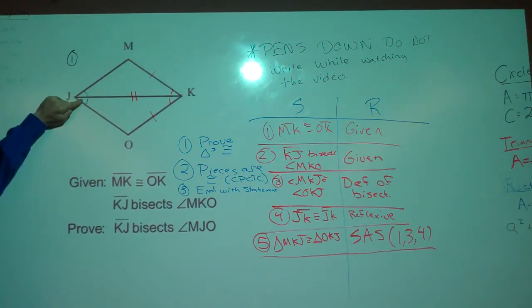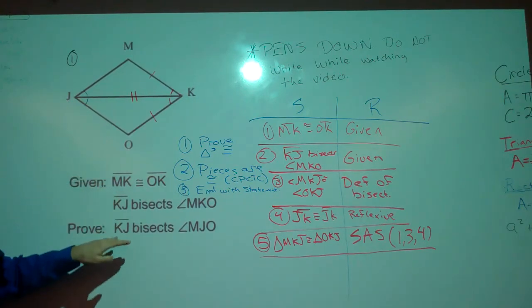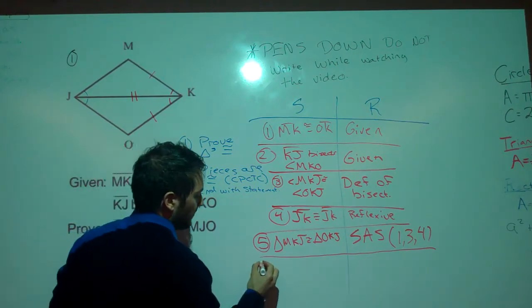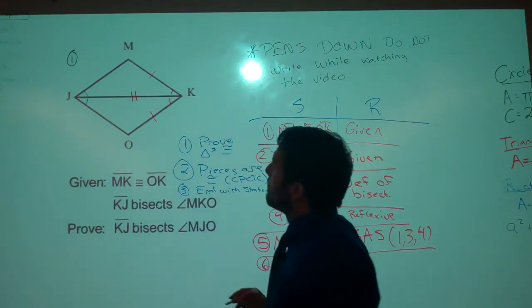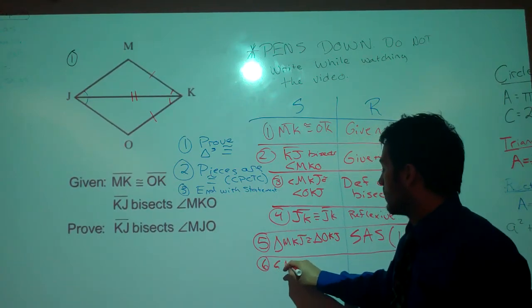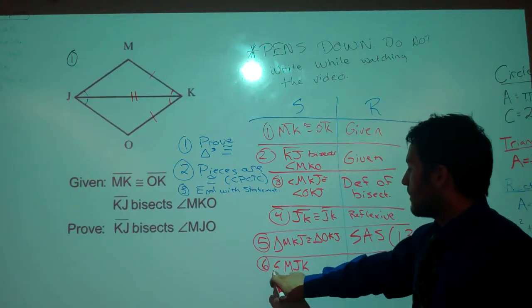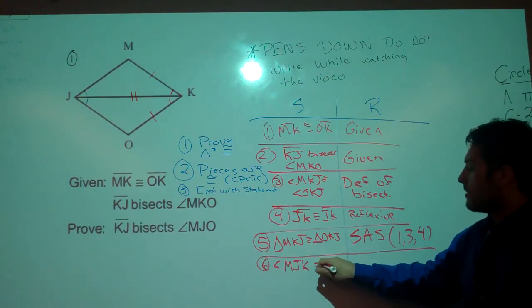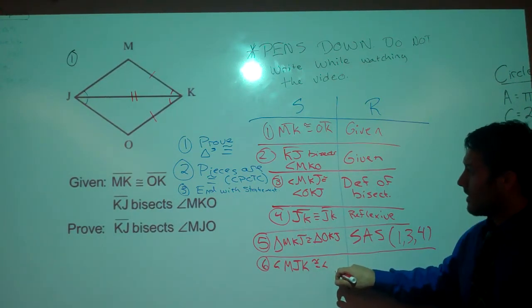So I'm choosing to say these are the same by CPCTC because if they are the same, then it got cut in half. So my step will be to say that angle MJK, notice I have the angle symbol here, which means something very different than the triangle symbol, is the same as angle OJK.